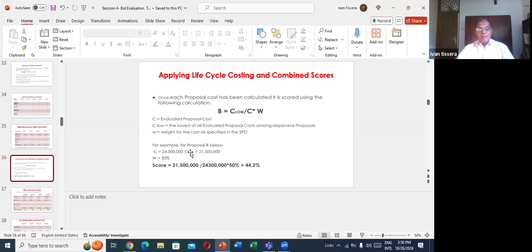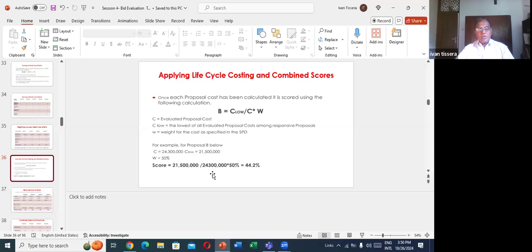For example, proposal B below: C is 24,000. C low is 21,500. W is 50%. 21,000 is the lowest one.